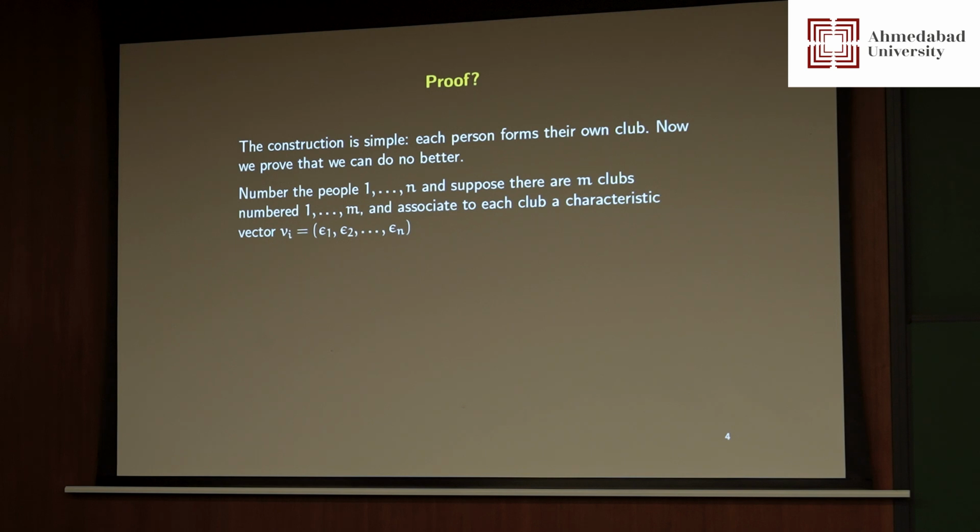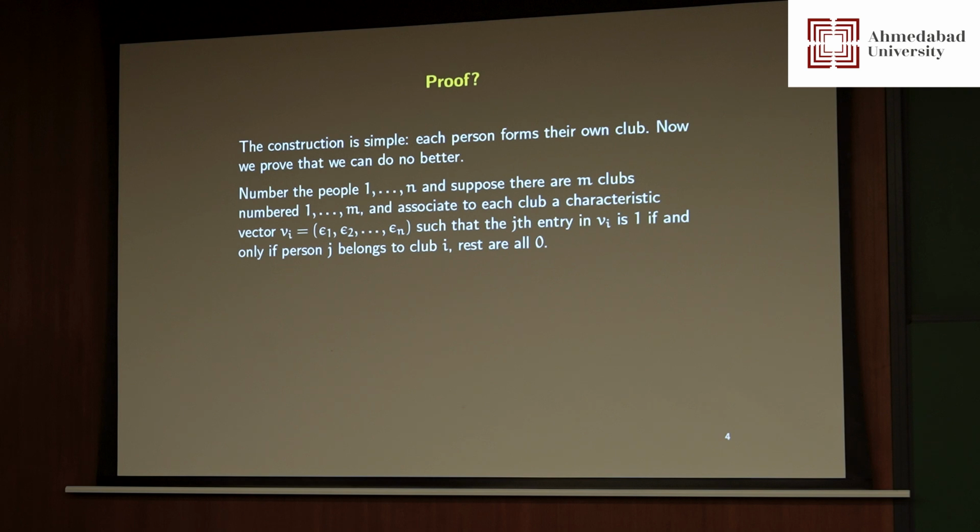And the way to prove this would be using some amount of linear algebra. So what we would do is we just number the people 1, 2 up to n, and we'll suppose that we can form m clubs, and we'll number the clubs as 1, 2 up to m, and we associate to each club a characteristic vector. So if you have done linear algebra, you know what this characteristic vector would look like.